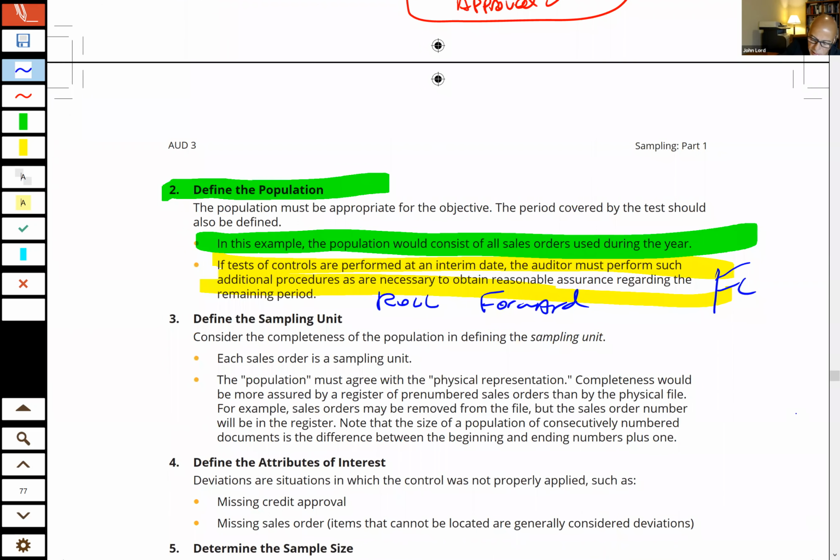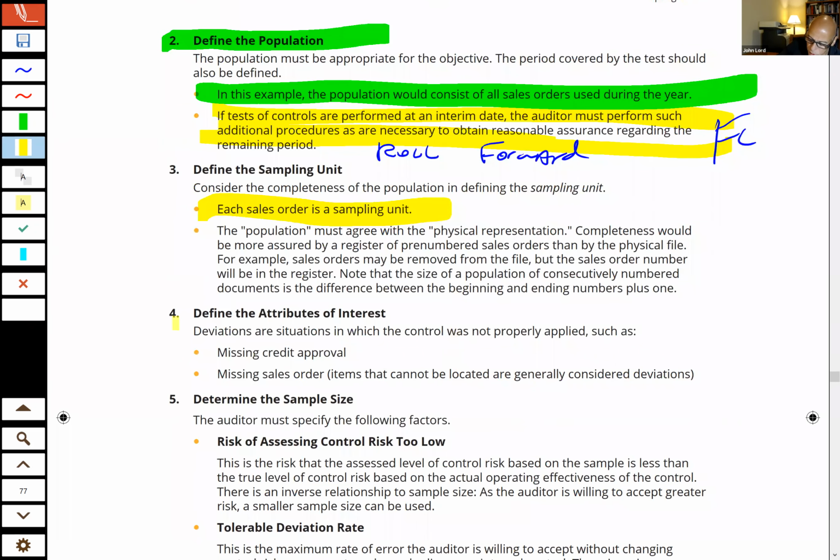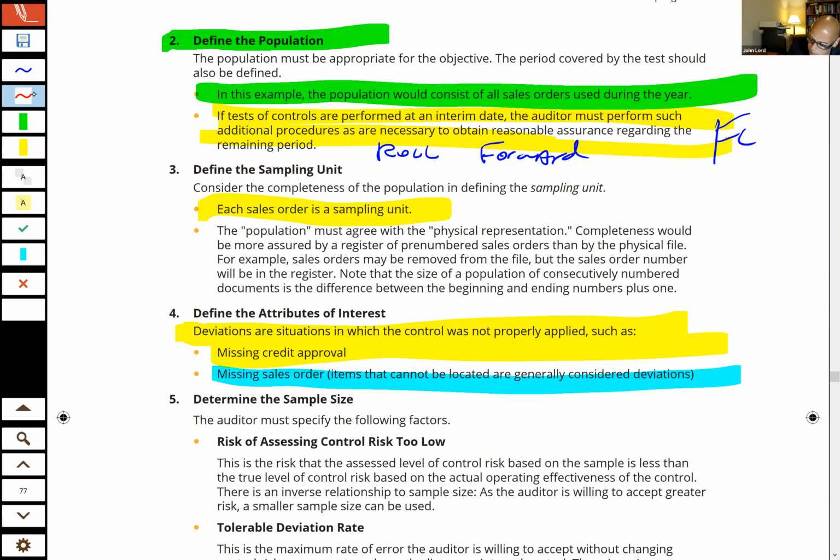Now, each sales order is the sampling unit. Okay, and let's take a look and see what we're looking for. We're looking for deviations, and a deviation is a missing credit approval. A missing sales order is a deviation.